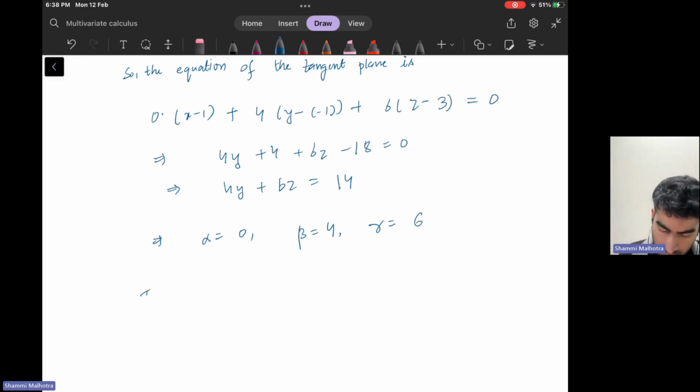So then the value of alpha plus beta plus gamma is nothing but 10. Okay, so that's how you basically do this question. You have to find the partial derivatives, and then you know the equation of the tangent plane in general. So you just have to plug in the values. That's all you have to do.